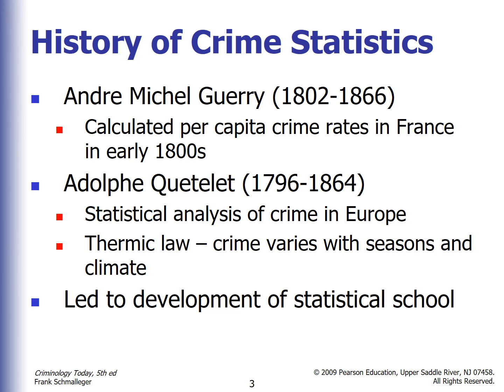Thermic law, that was an idea of his that says crime varies with the seasons and the climate. And that's one of the things we're actually going to discuss later on in this course, that as far as environmental causes of crime, the weather is one of the few that you can actually link to differences in crime rates.